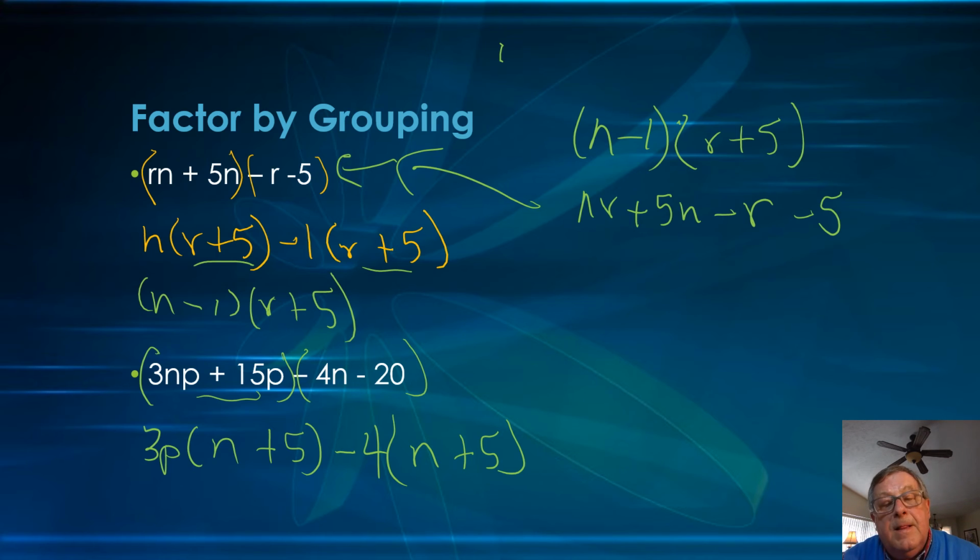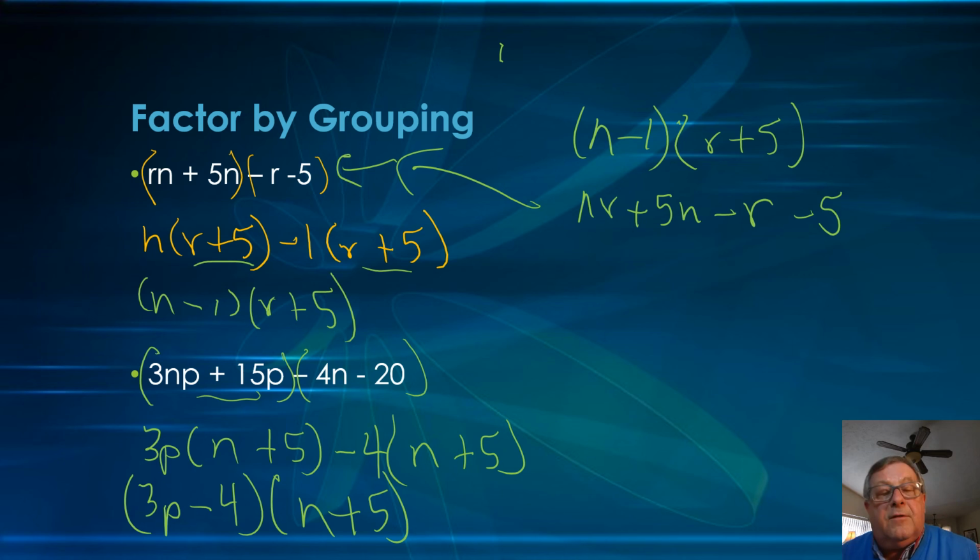I've got a common factor now of n plus 5, and I just rearrange this, and my factors here of this quadrinomial are 3p minus 4 times n plus 5. And we could FOIL it back like we did the first one, but I'm pretty well convinced now that this is a valid method of factoring that we call factoring by grouping, where we've got a polynomial that's got 4 or more terms.